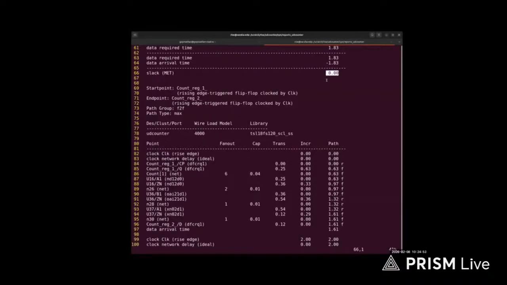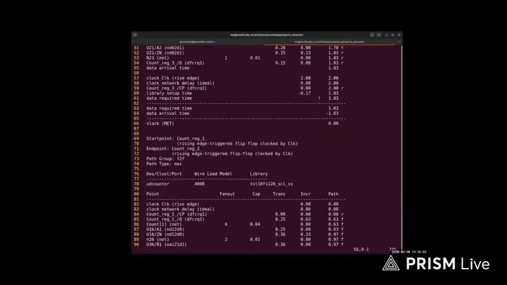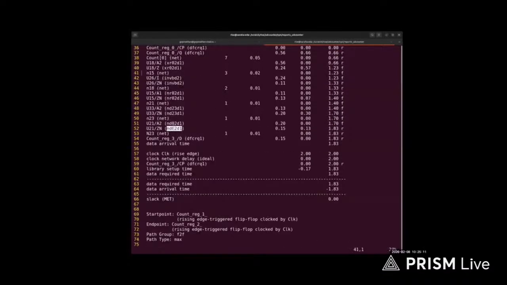This library setup time, what does it actually signify? I mean, you can understand the other things, it's a delay from one hop to another, but what does that library setup time signify? Library setup time accounts for the combinational cells between this flop to flop, and also this flop itself. There is a minimal setup time required for this flop to work.